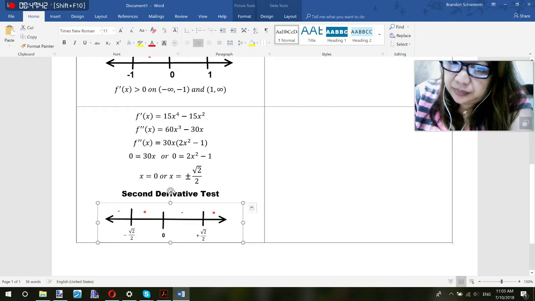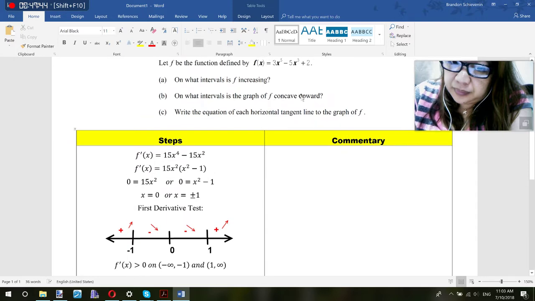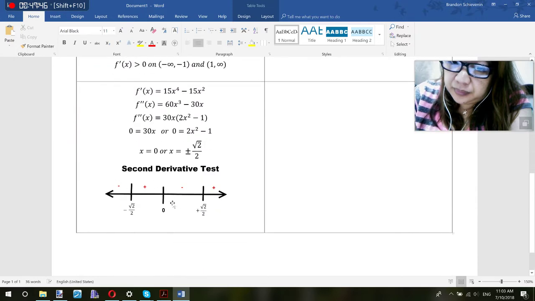And came up with this. Okay, so our goal was to figure out where this is concave up. So based on our number line that we just created, when is our function going to be concave up?